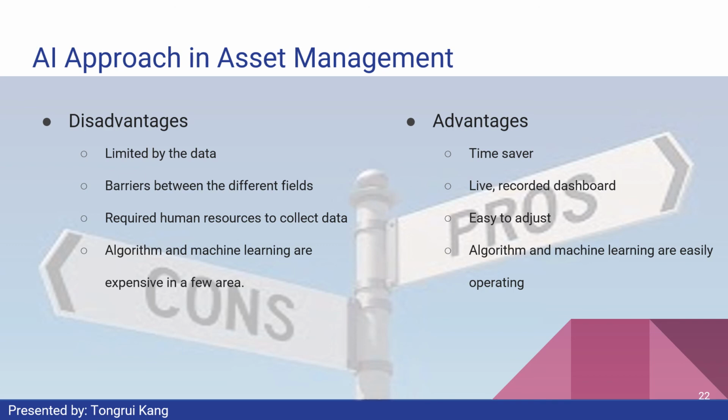Also, AI applications are expensive, which is not affordable for small businesses. Hence, AI techniques could only be used for specific areas. Therefore, the AI approach still has a long way to go. Although the AI approach cannot entirely eliminate manual work in the short term, it has an extremely large potential market in the long run.